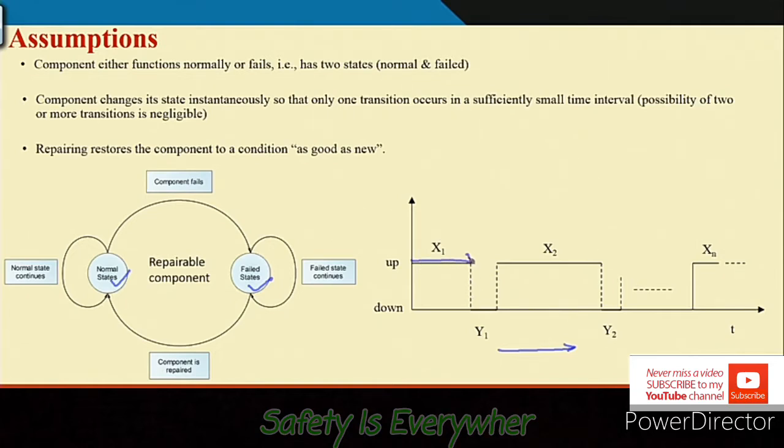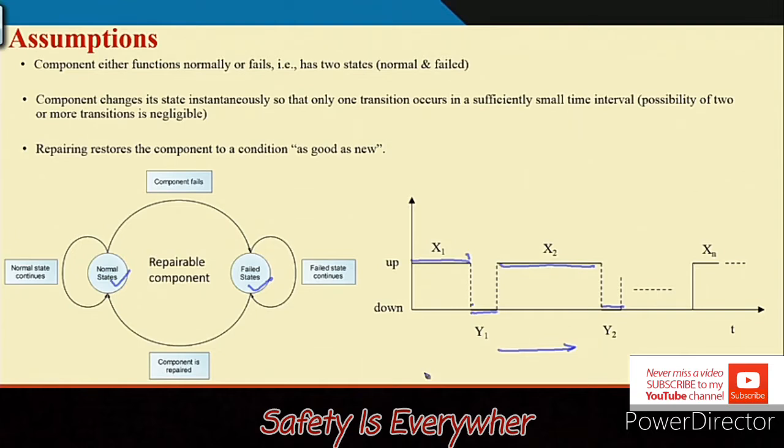This is the time when it fails, and then it is the repair time or failure time, that is how long it is in the fail state. Again it is up, normal time, again it fails, and this is the repair time. This is the combined process going on. In the non repairable unit, or failure process only, we denoted X as the random variable for the component time to failure, and here we are defining another random variable Y, which is time to repair.